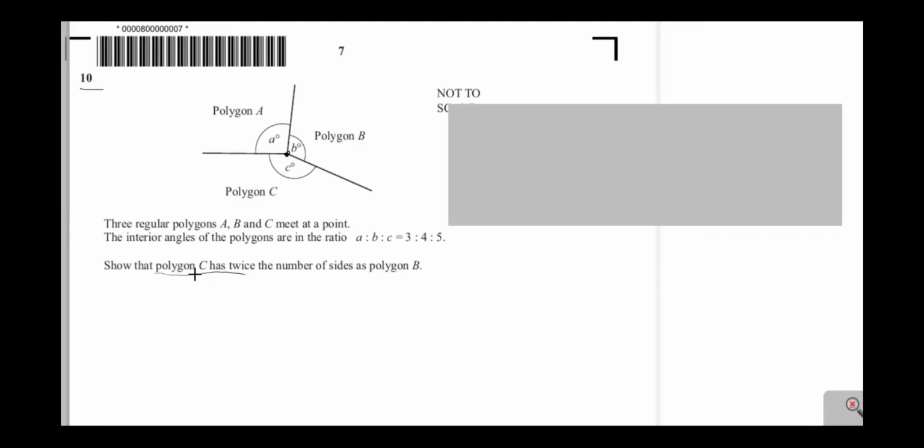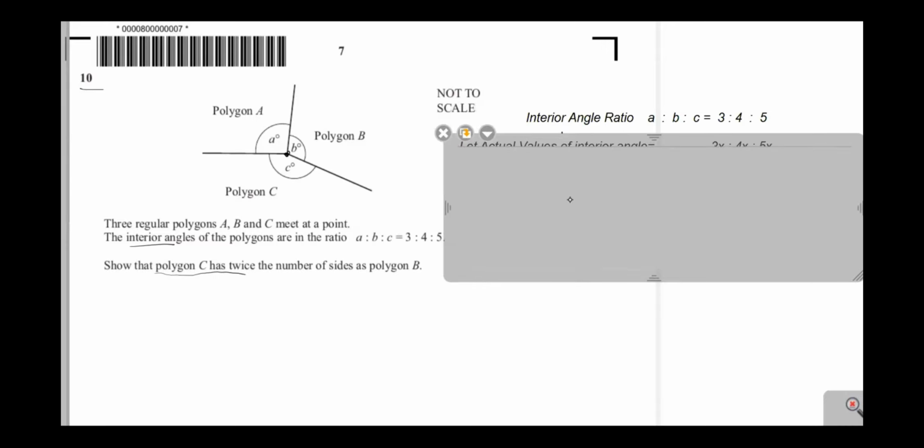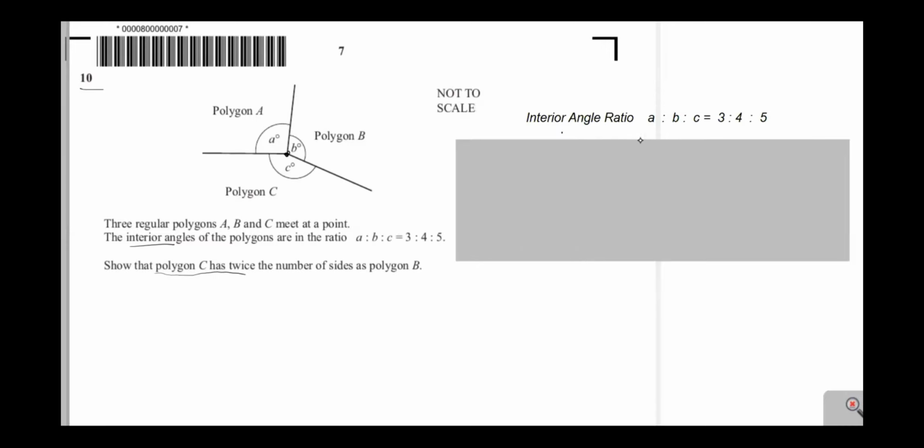To prove that polygon C has twice the number of sides as polygon B, firstly we will calculate the interior angles. The ratio of interior angles of the polygons is A : B : C = 3 : 4 : 5.